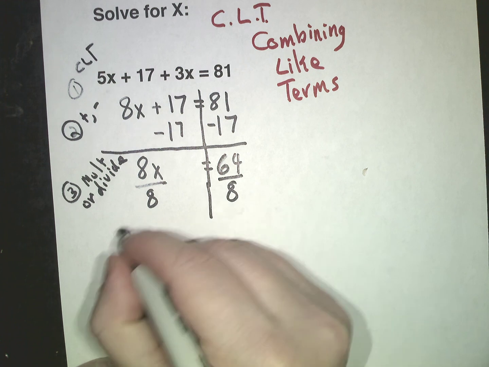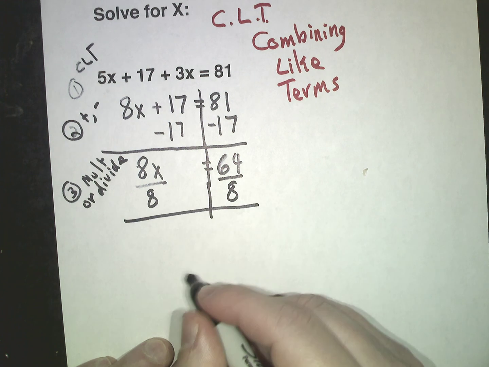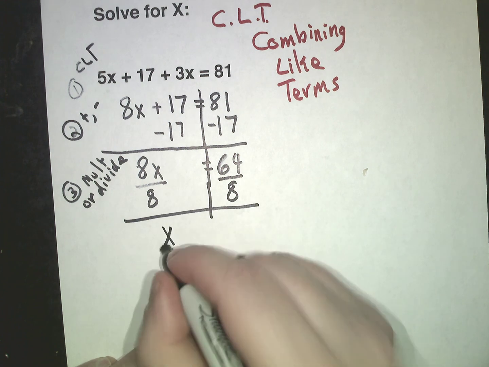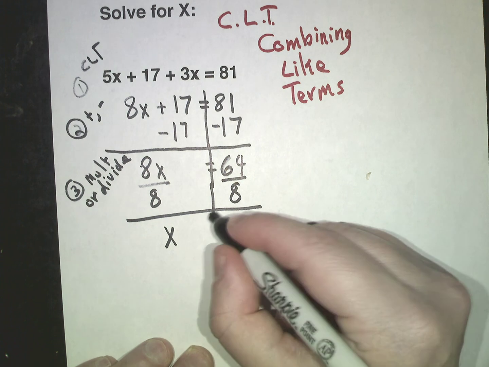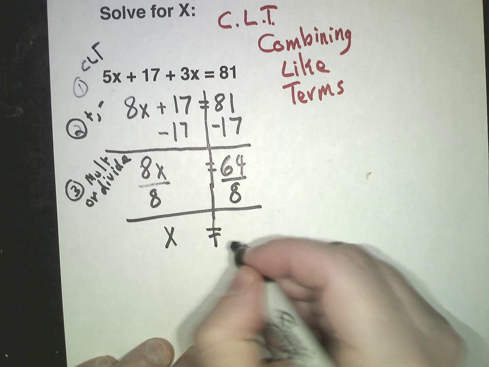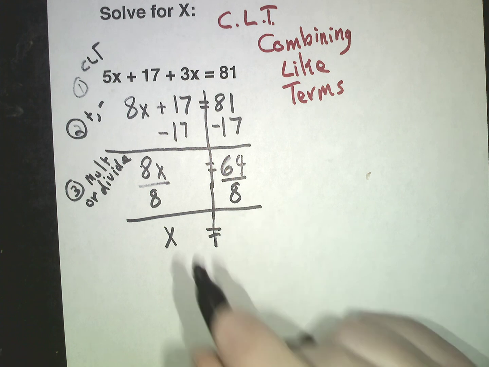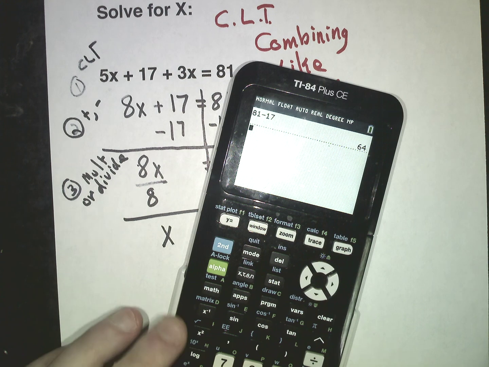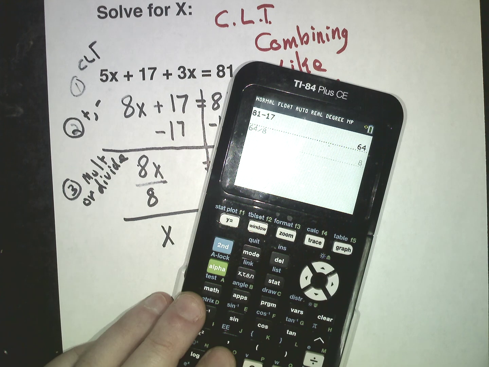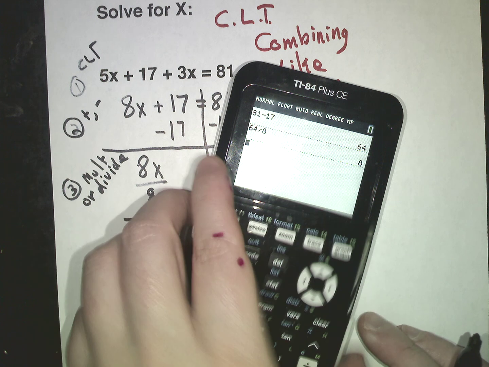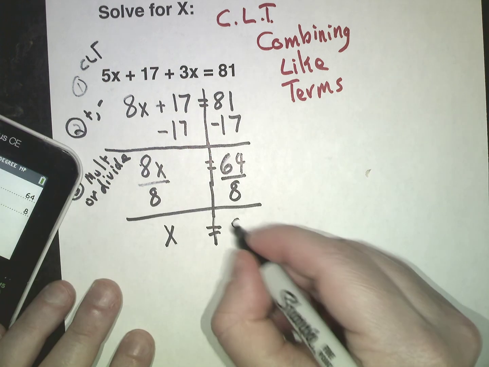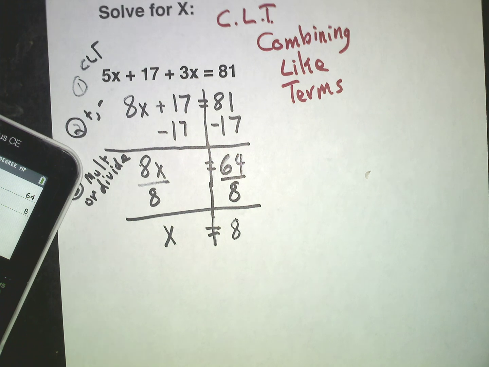If I do it to one side, I have to do it to the other. 8 divided by 8 is just 1, or x, not 1x, we could write that too. Equals 64 divided by 8. This is why I said, if you remember your perfect squares, 64 divided by 8 is 8. So x equals 8. That's example 1.